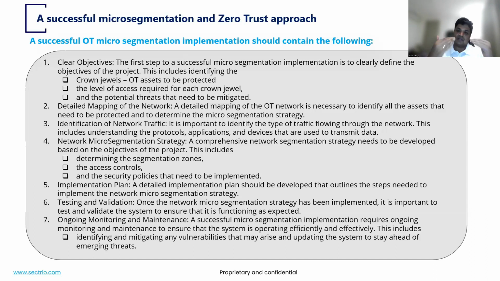So crown jewels, medium impact assets, and low impact assets. We need to clearly segregate that, and use a vulnerability management solution which can discover the assets, recognize these crown jewels, recognize the communication patterns, and also ascertain the level of access that is required for each of these.